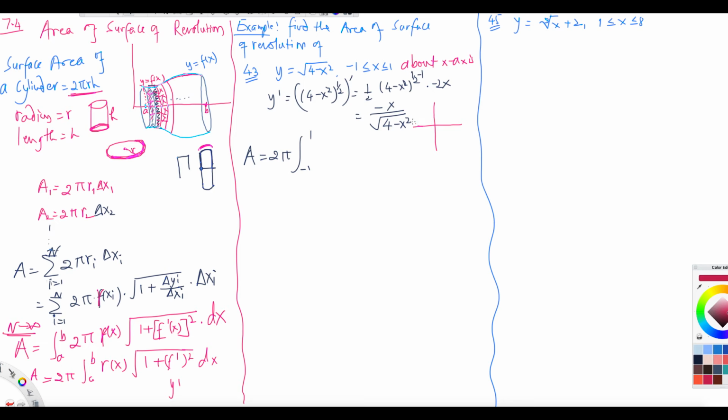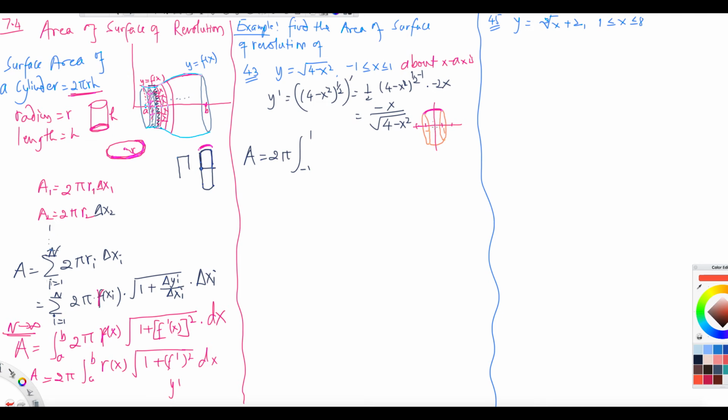So radius 2 circle, but you are looking only between -1 and +1, so it will look like this. And if you rotate it about x-axis, it will look like this. And then you are trying to find out the surface area of this cylindrical shape. That's what you are going to do. So this is -1, this is +1, -1 through 1.